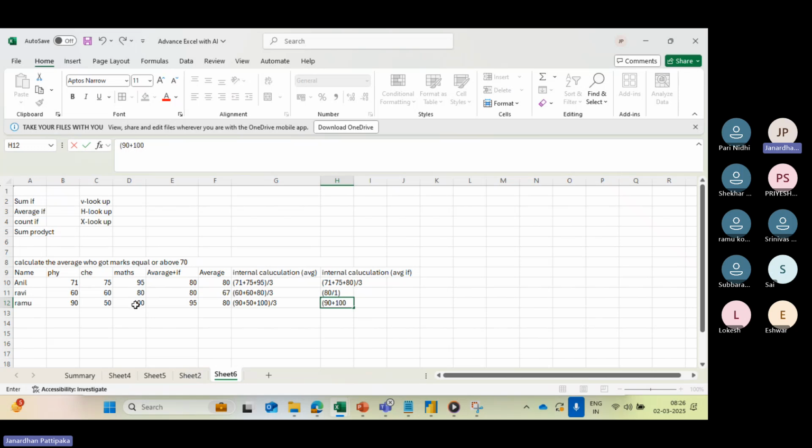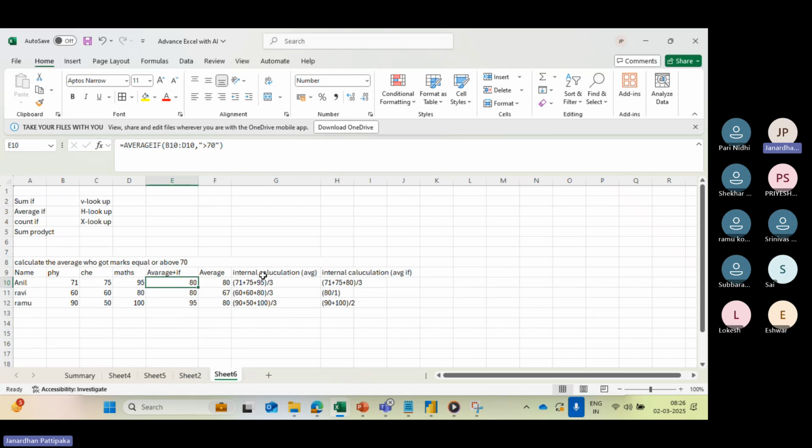It will take only these two values which satisfy the result. It will take the two. That's why 90 plus 100, 190 by 2, you will get the result over here. And you will get the averageif as 95. Okay, when you calculate this, you will get the 95. See, this is the result.